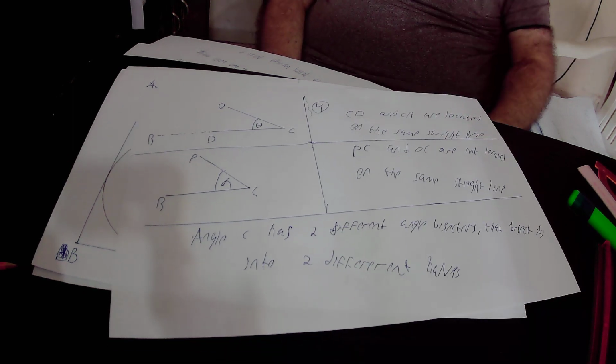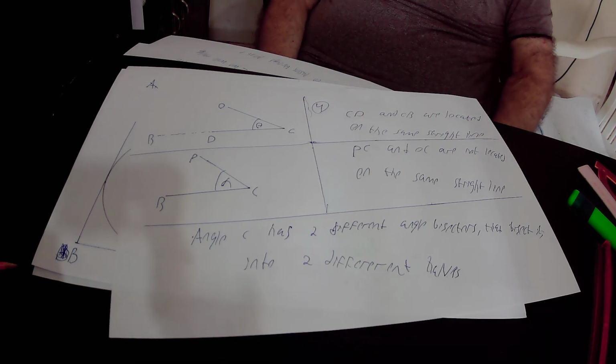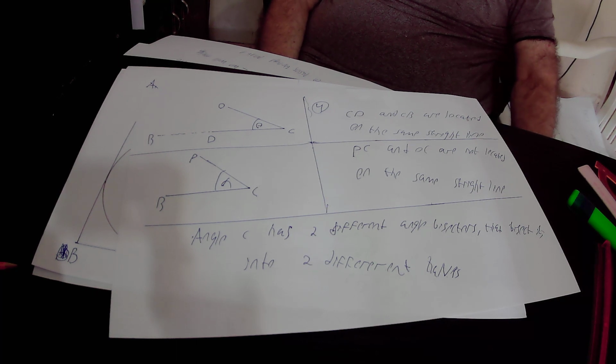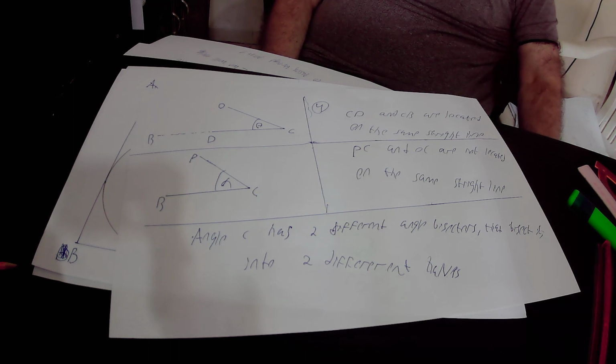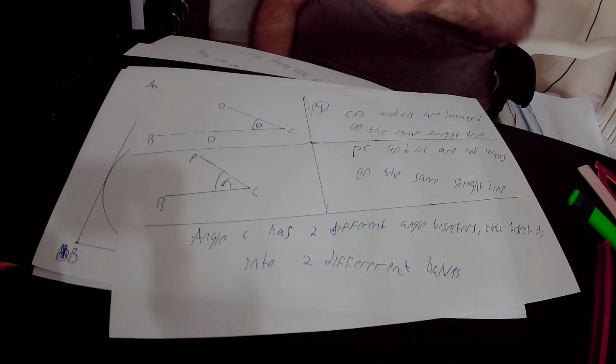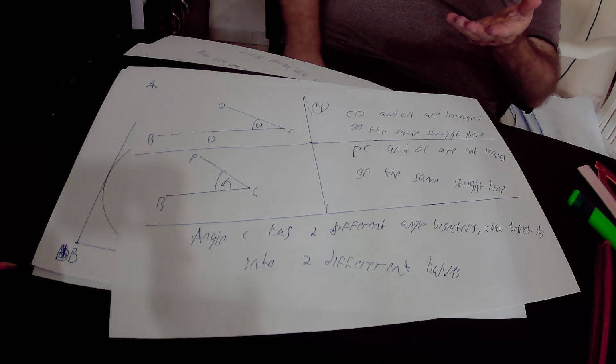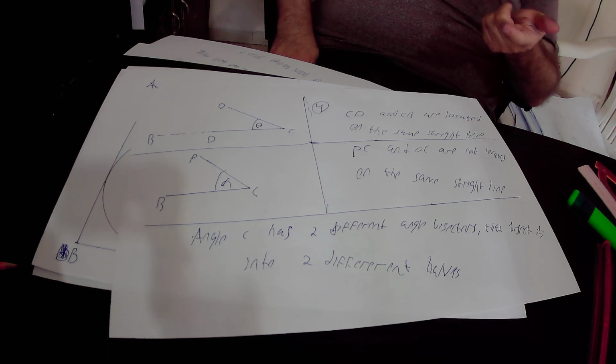So if we have two angles where one leg is a common leg or lies on the same straight line, and the second leg doesn't lie on the same straight line, they can never be equal to each other, because if one leg lies on the same straight line, then the other leg must also lie on the same straight line in order for the two angles to be equal. But according to our assumption, the second leg doesn't lie on the same straight line. Therefore, those two angles can never be equal to each other.